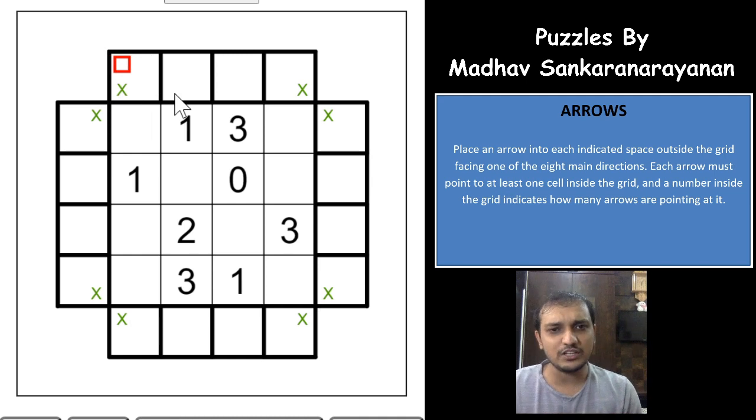This cell can have 3 ways the arrow can be placed: pointing towards the bottom, pointing left diagonal and pointing right diagonal. So every cell outside the grid will have exactly 3 possible places for the arrow to be placed.